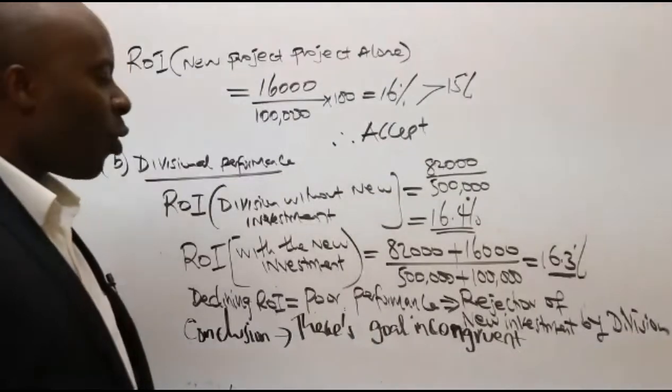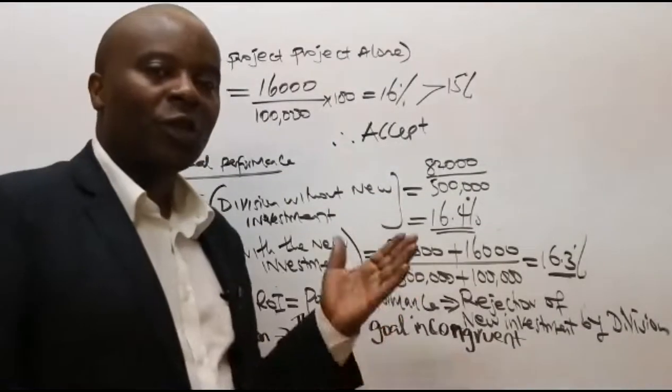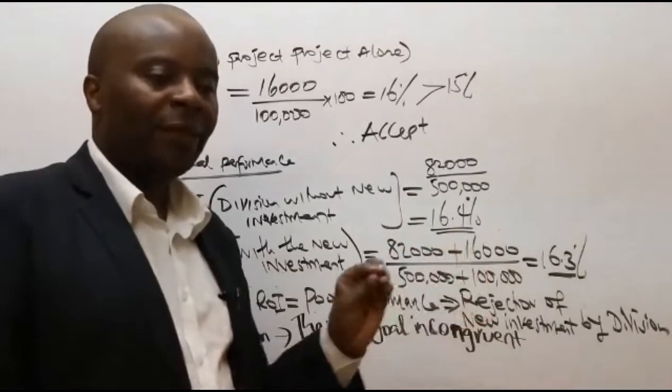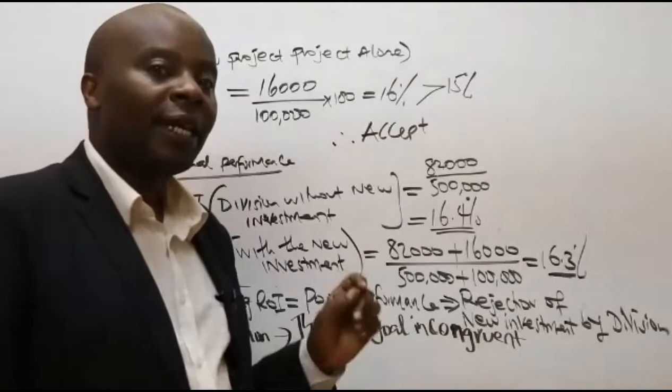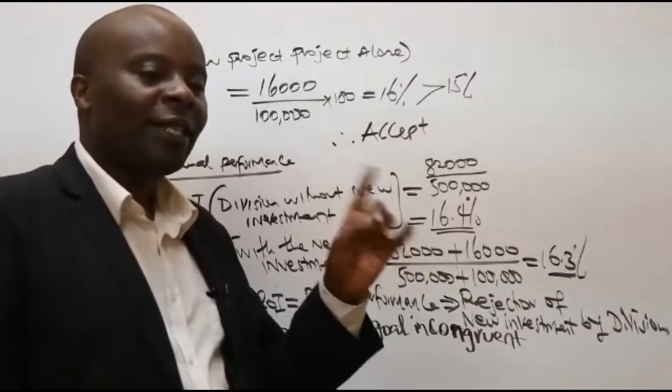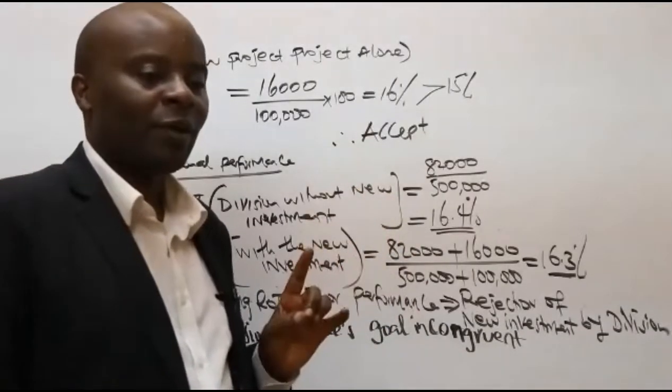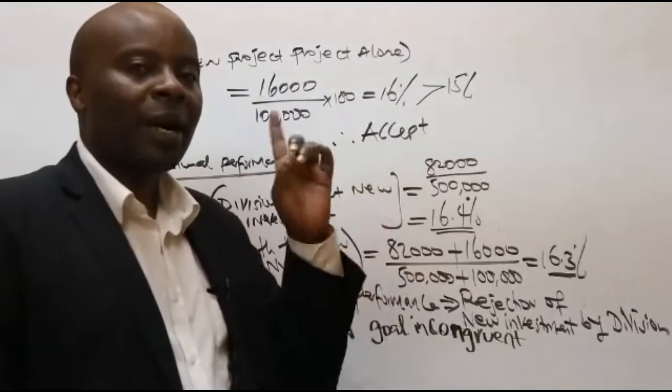You know, when you talk of congruence, when there is goal congruence, it means that there is an agreement. Ladies and gentlemen, remember, at the end of the day, the whole organization would want profit to be maximized.